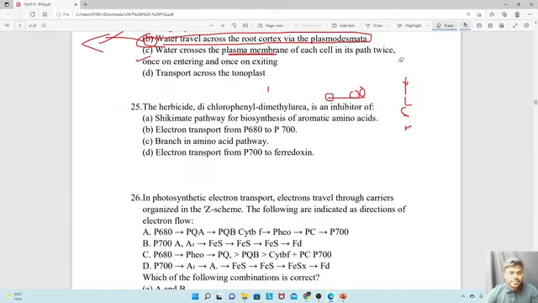Okay. Question number 25. We have discussed this in photosynthesis. Come on friends, please be active.